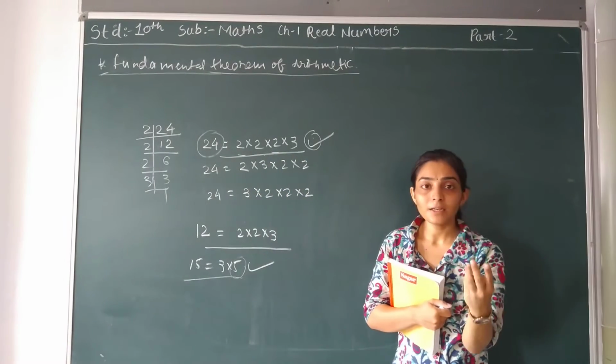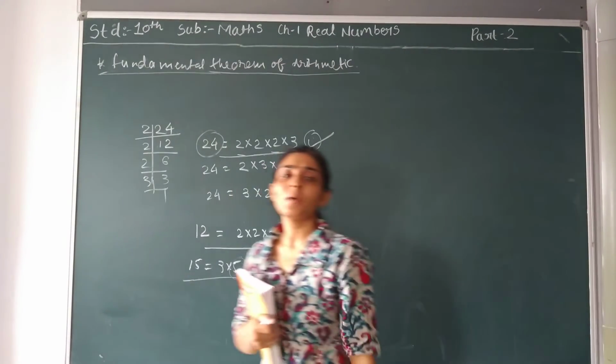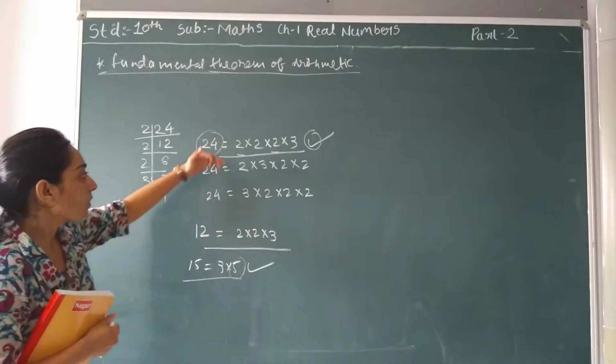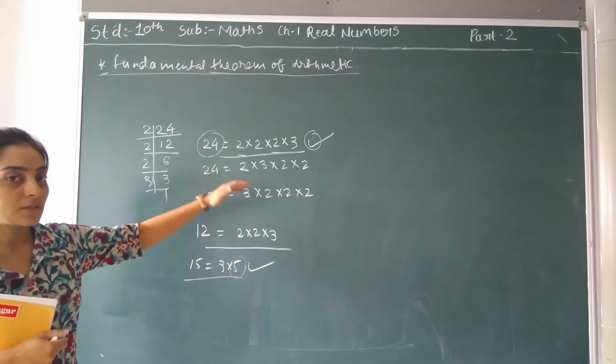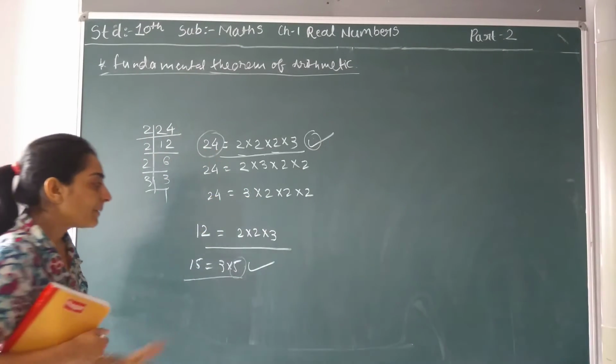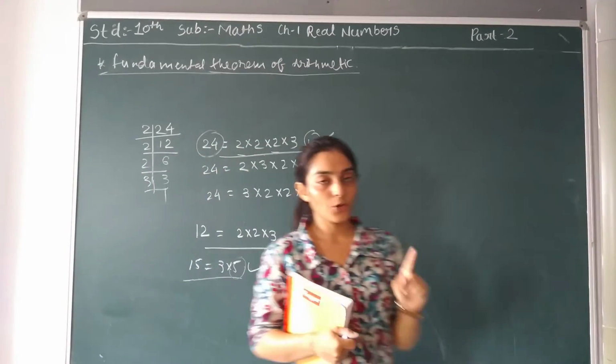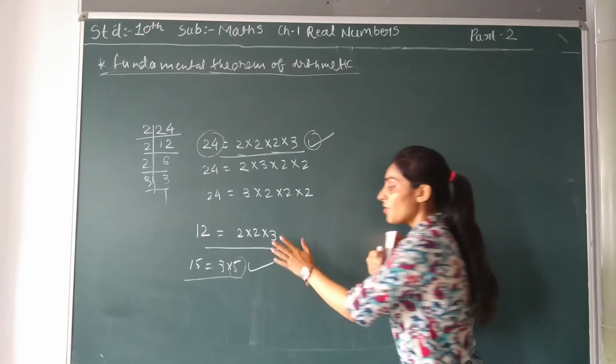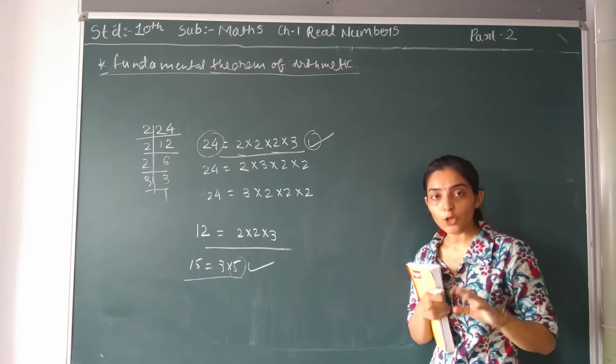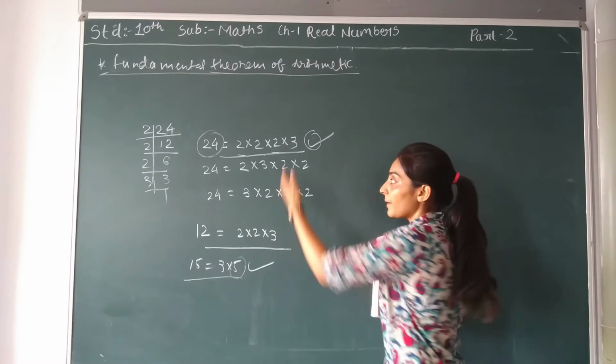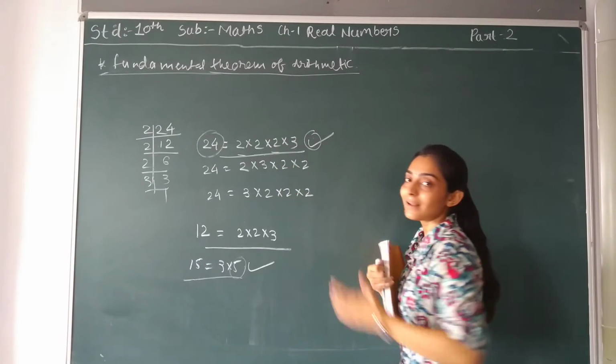And the third thing is order does not matter. Every prime factorization is unique in nature except for its order. You can write in any order. All these three are correct.